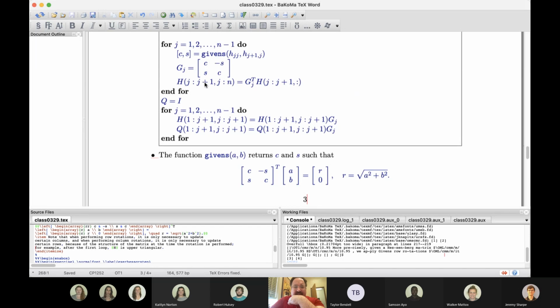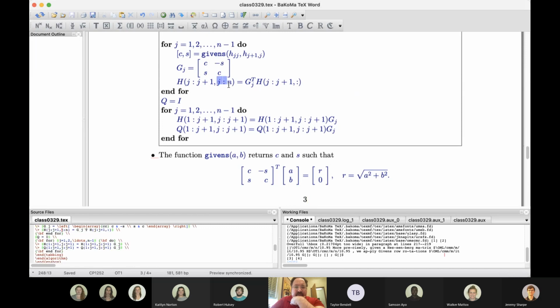Yeah, that was done in this case. Like here, I'm only working on columns J through N, because we're rotating these rows, J and J plus 1, but only these columns are affected because these entries to the left of column J are already 0. I didn't really take that into account here, but this is something that can be improved about this algorithm, that only certain rows need to be affected when carrying this out.